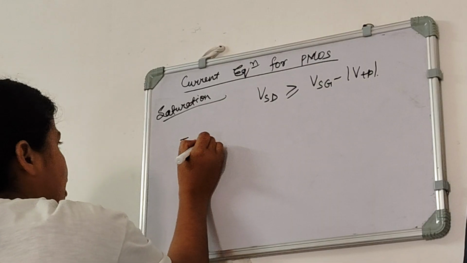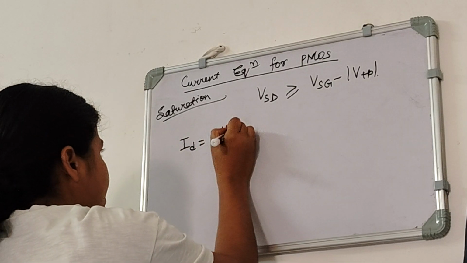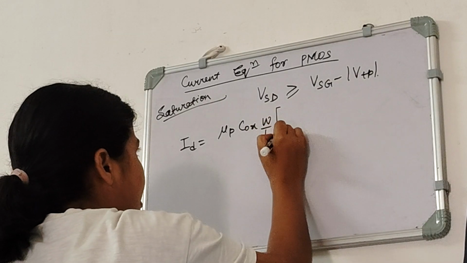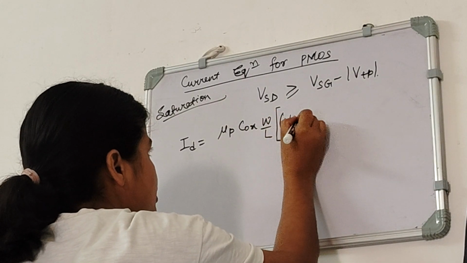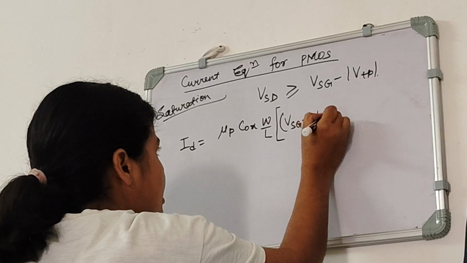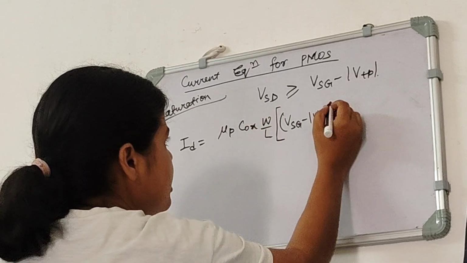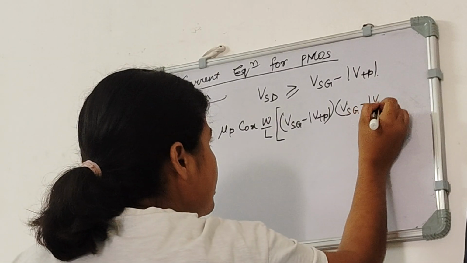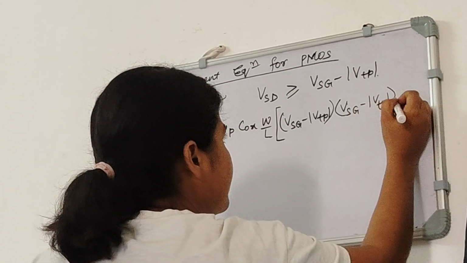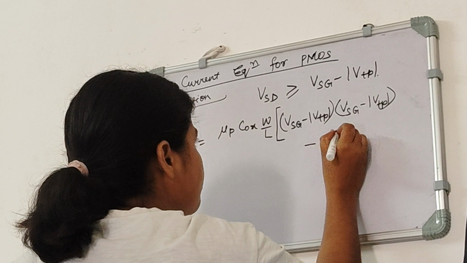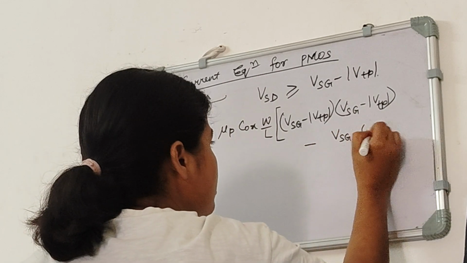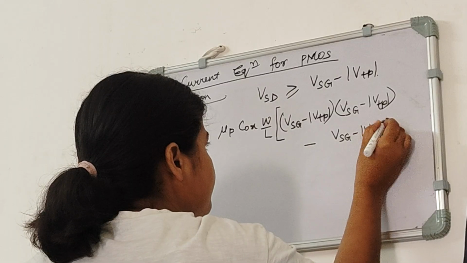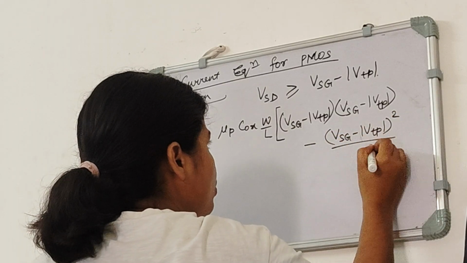After putting that, we will get mu p COX W upon L, and here it was VSG minus mod of VTP, and we had VSD, so we will write VSG minus mod of VTP, and then minus VSG minus mod of VTP whole square upon 2.